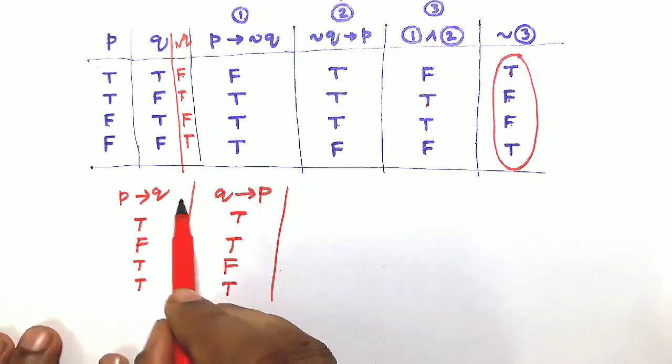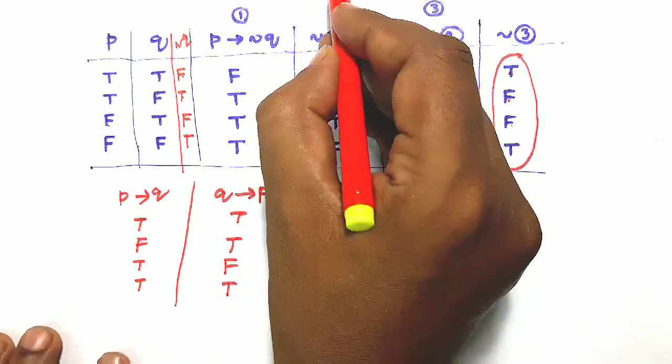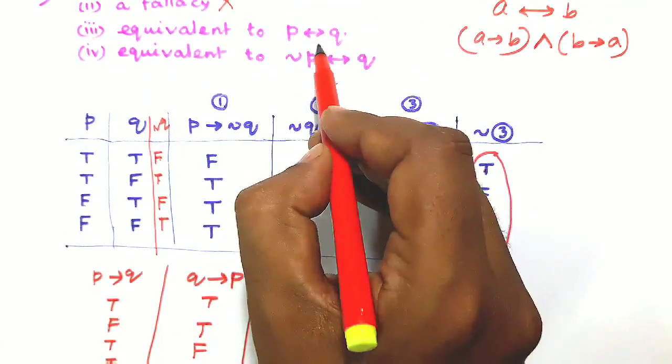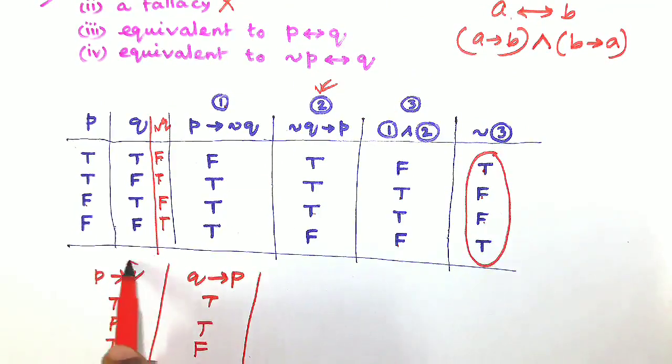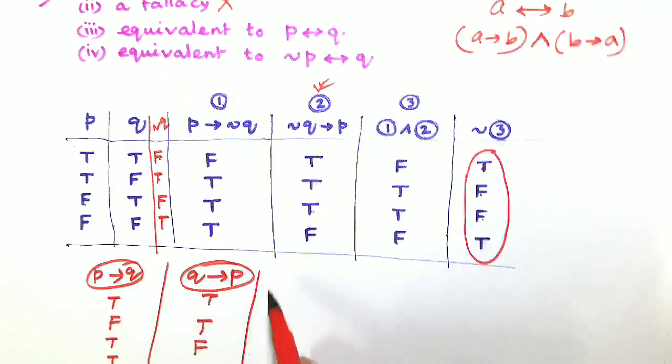Now you want to get P double implication to Q, and P double implication to Q means the AND of both the columns.